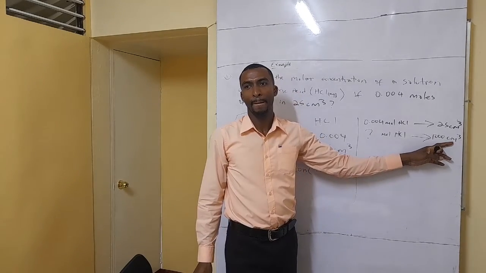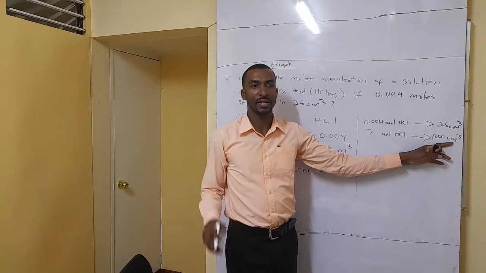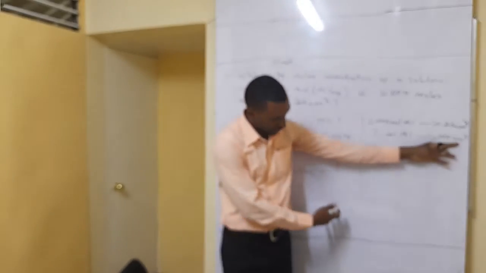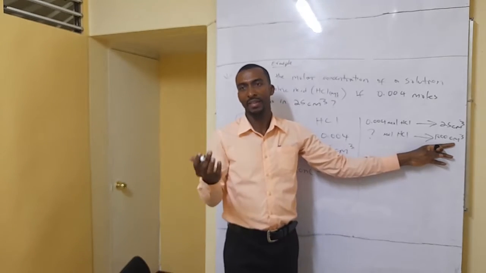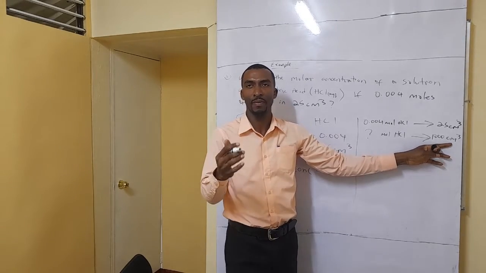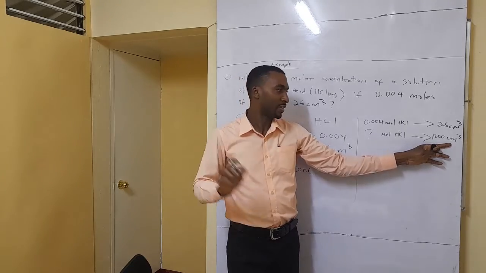That's the molar concentration: the amount of moles that is in 1000 cm cube. Remember that 1000 cm cube is basically 1 dm cube. So if you see in the book, they will give you a concentration in moles per dm cube. It's simply the number of moles that is in 1000 cm cube of solution.